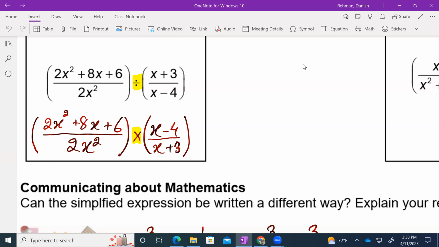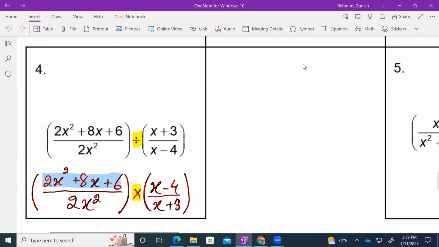I tried to highlight it in blue. It's not appearing yet. I think again the behavior from the network is not in our favor. It's here. So what we are doing now, we are taking 2 as a common factor, and I will take it up over there in the next blank section.